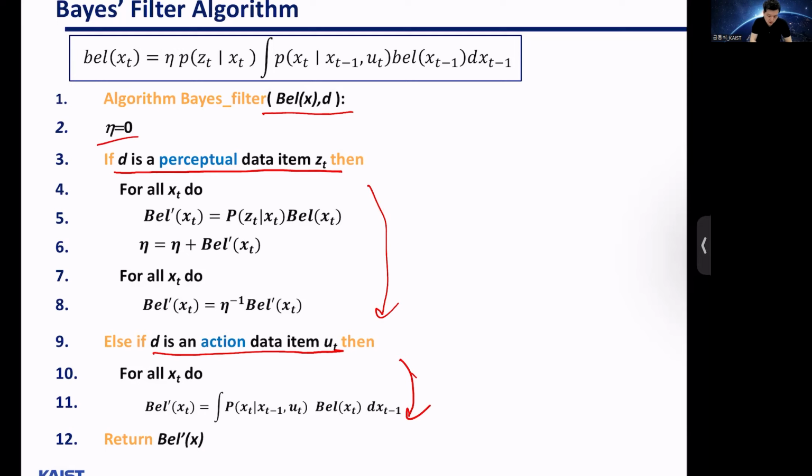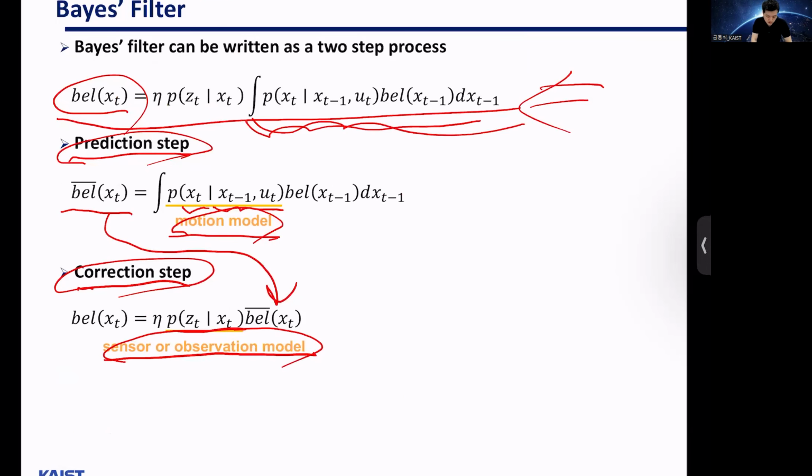So what this is doing is, we had this prediction step and correction step, right?